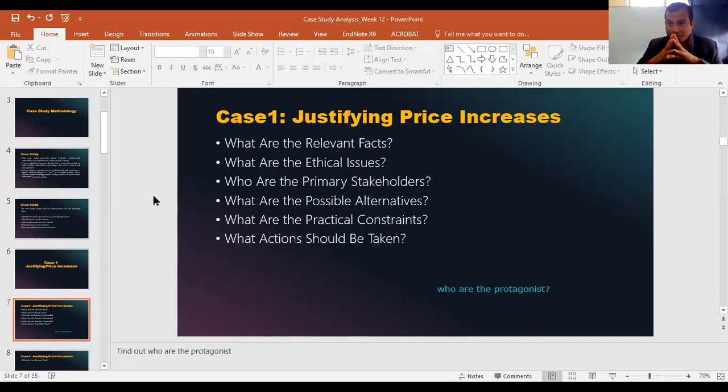I'm not sure. Give me 2 seconds. Each and every paragraph is full of facts. Facts means what information is given to you which is relevant for this case study discussion. Increase the profit by 20%. Exactly, that is the fact.